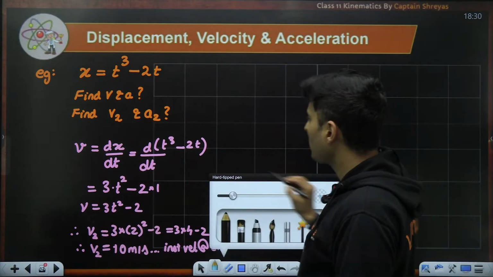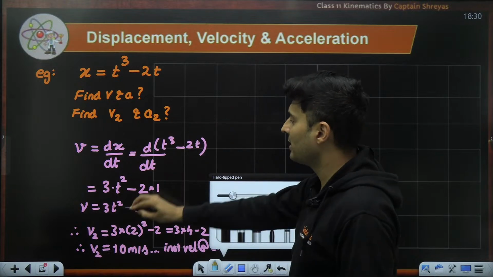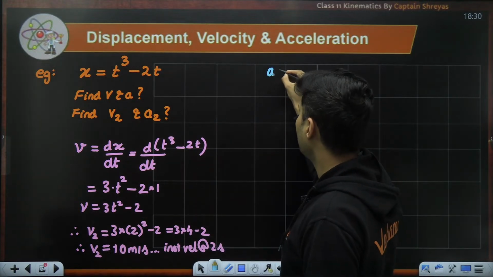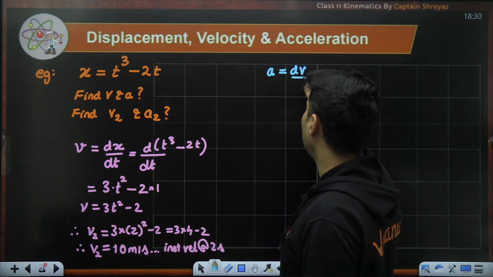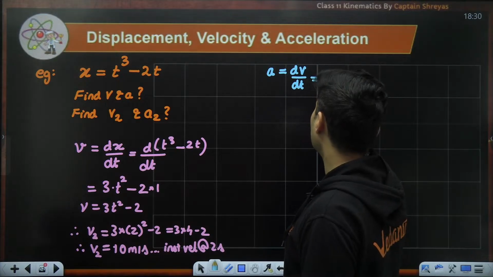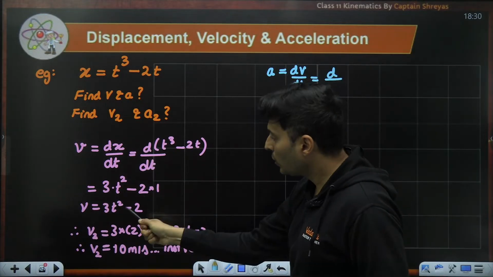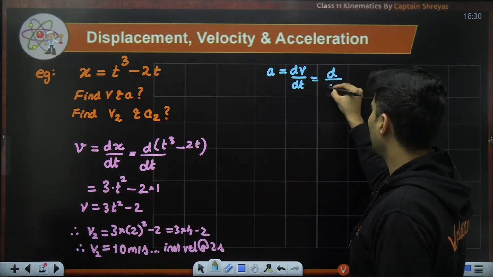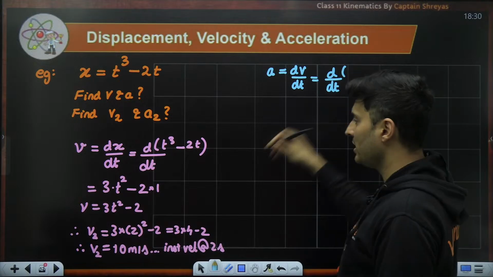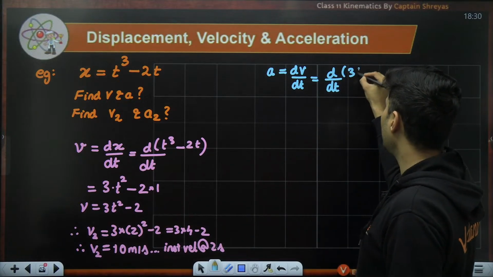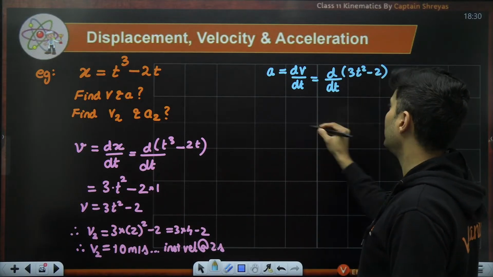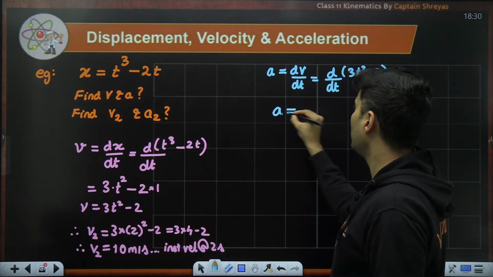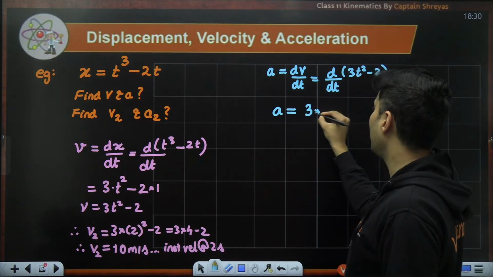Let's go ahead. We also have to find acceleration. Acceleration is the derivative of velocity. So again you have to take the derivative of the velocity, which is 3t square minus 2. 3 is there as it is.